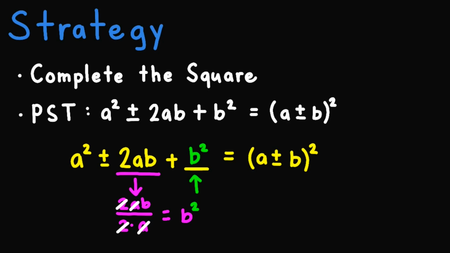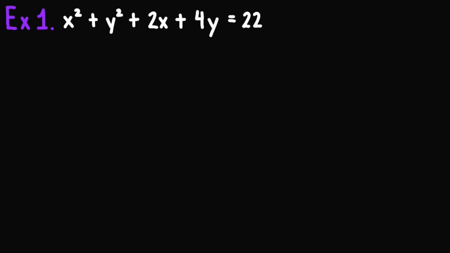Now that this is out of the way, let's move on to our first example. Here we are given x squared plus y squared plus 2x plus 4y equals 22. Before we start, feel free to pause the video so that you may try this one on your own. Okay, good.